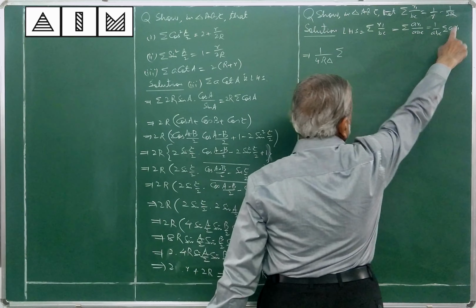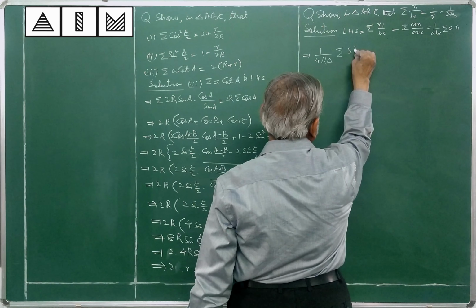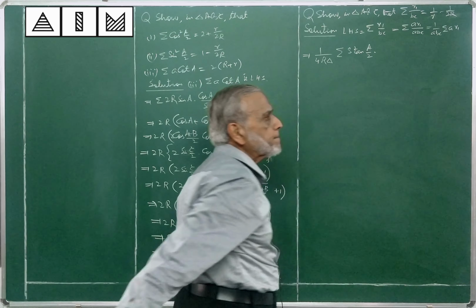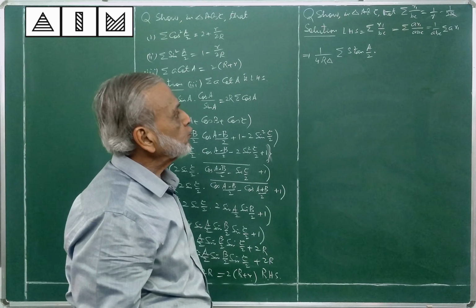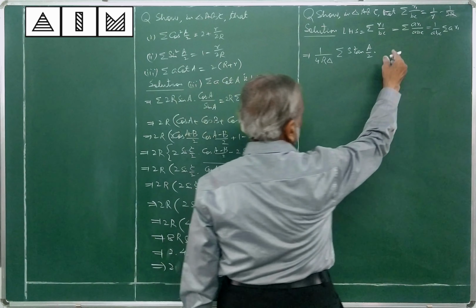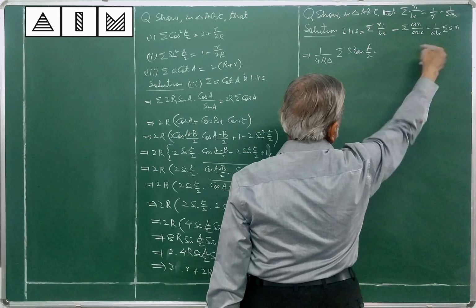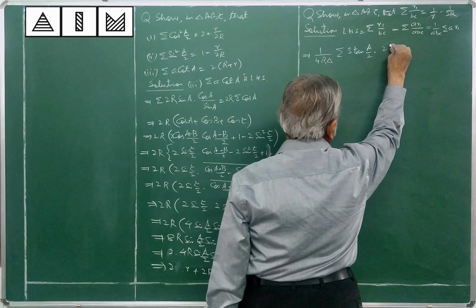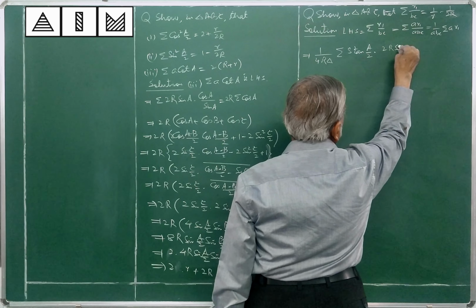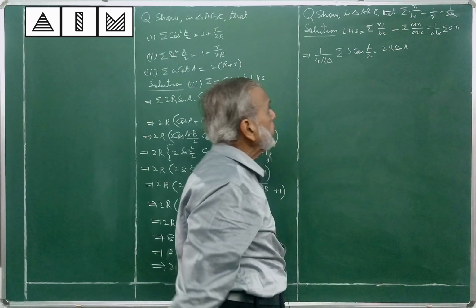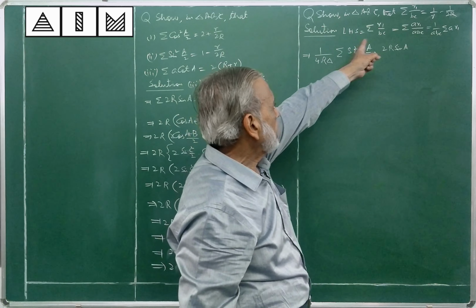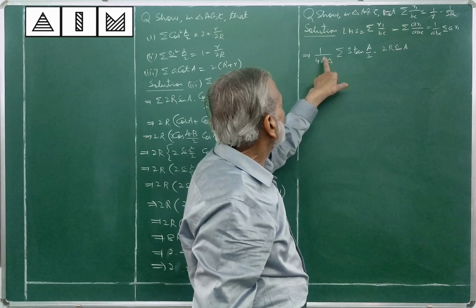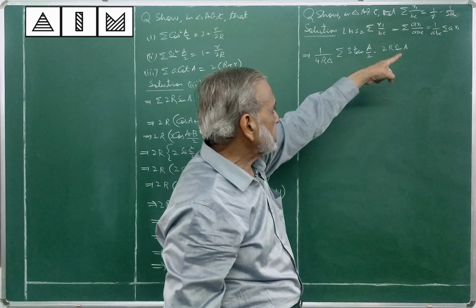We have a formula for r1: s tan A by 2. For a I am writing 2R sin A. Understand once again: r1 by bc is a r1 by abc, and 1 by abc becomes 1 by 4R delta in the place of abc.